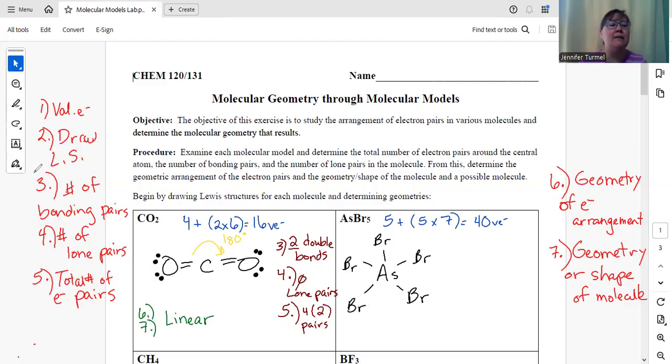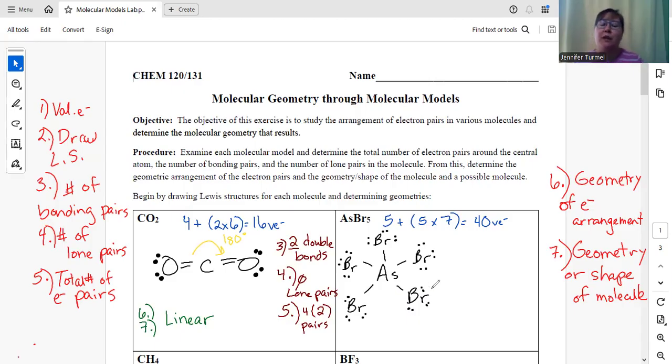And this means that I currently have 10 electrons in current bonds. And so then I've got 12, 14, 16, 18, 20, 22, 24, 26, 28, 30, 32, 34, 36, 38, and 40.